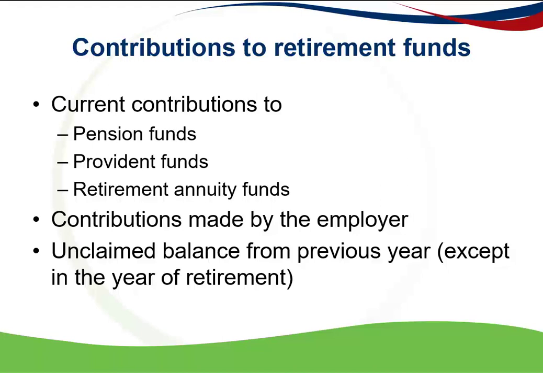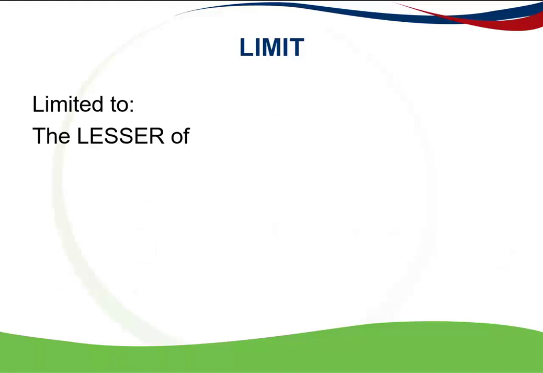And we'll get a total of all the contributions made by the taxpayer and the employer. So the contributions from the taxpayer, the employer, and any unclaimed balance from the previous year, that total is then limited to the lesser, so the lower, of 3 limitations.